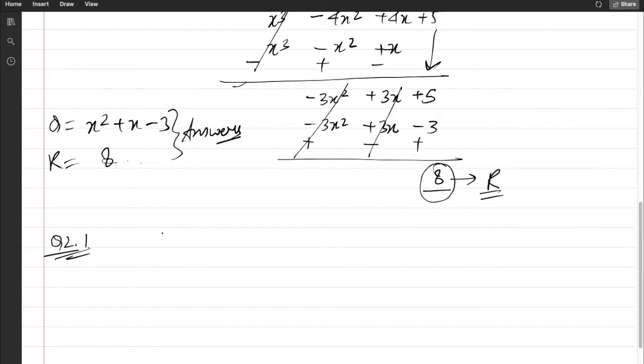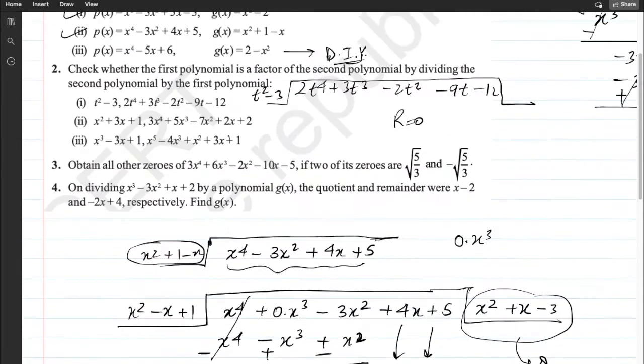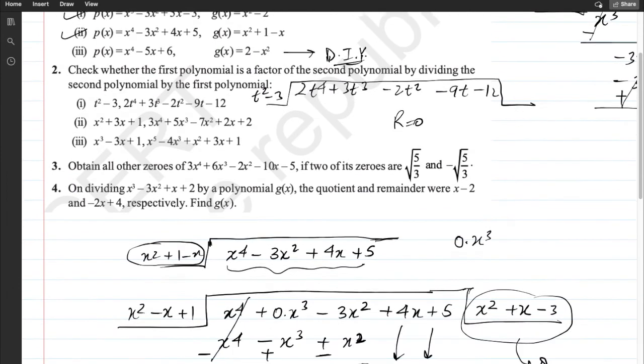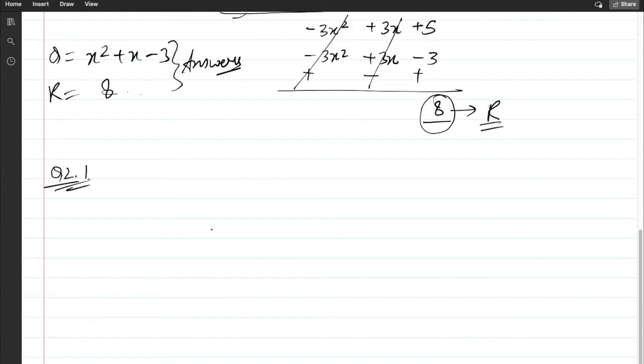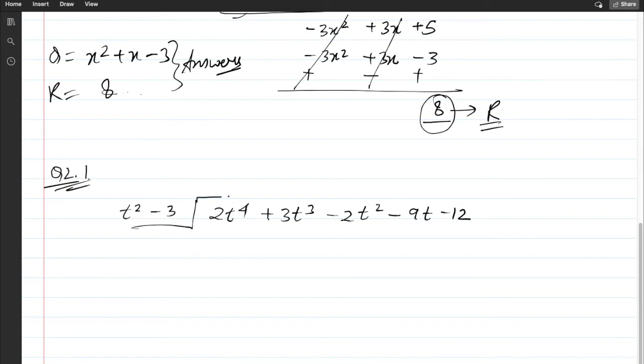So what this question is saying is that the inner expression will be like 2t^4 plus 3t^3 minus 2t^2 minus 9t minus 12, and the outer expression will be t^2 minus 3. You need to divide these.